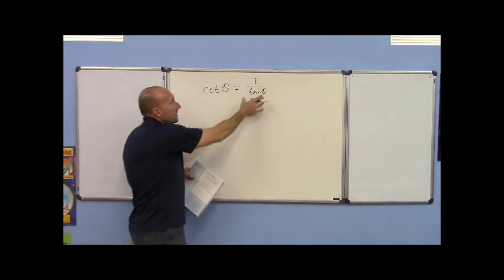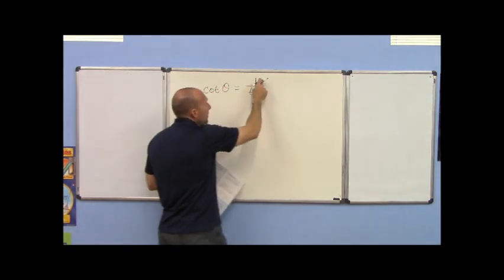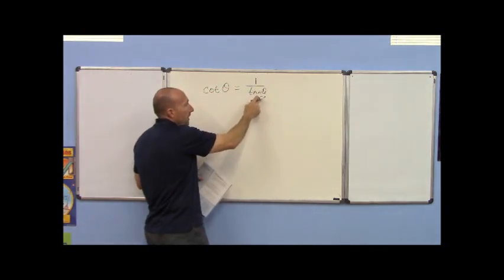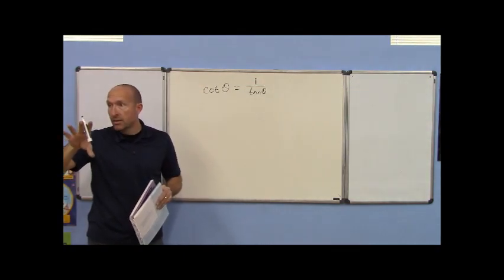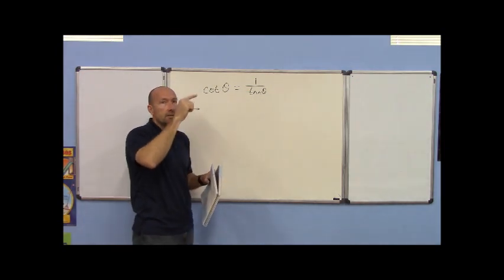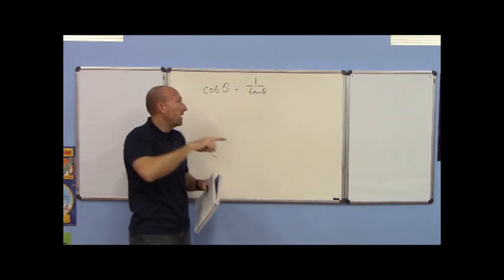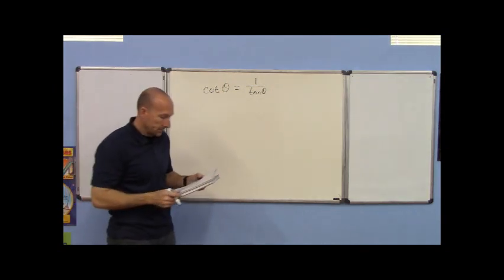So you can find the tangent. In order to find cotangent, you take 1 and divide it by, on your calculator, the tangent of whatever that angle is. Take 1 divided by that value, and you will discover what the cotangent is.